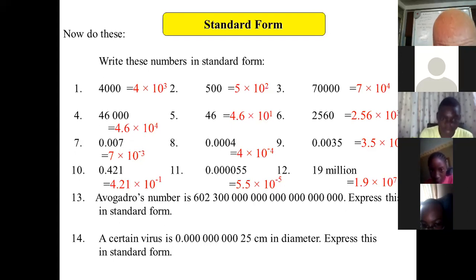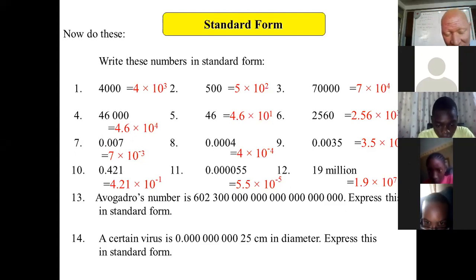So what I'm expecting you to write as your answer will be 6.02 times 10 raised to power something. So I'll wait for you to get that power of 10, because that is the most important point you need to make there.